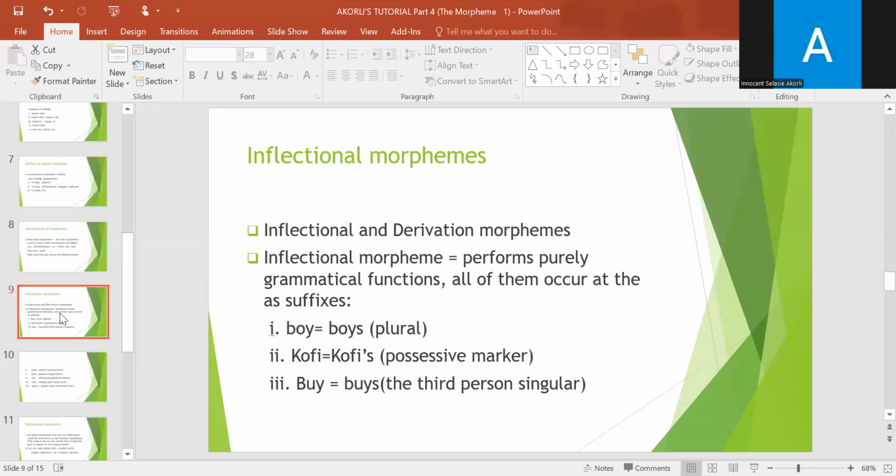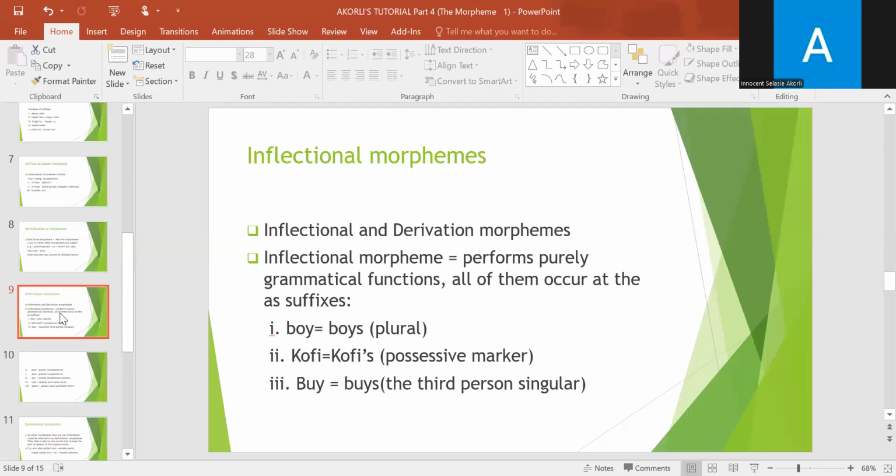Now, there are two categories of morphemes which will be referred to as inflectional or derivational. To inflect means that the thing changes its form. Derivation means to derive something from something.